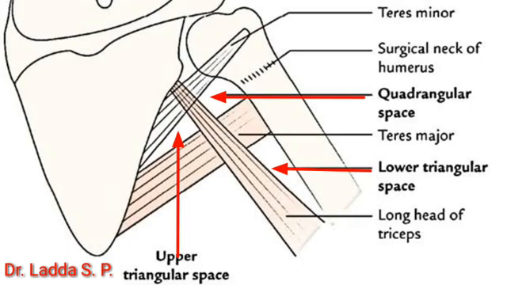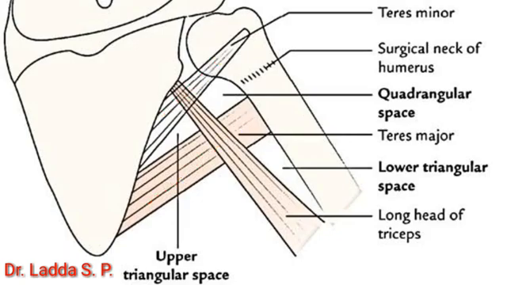Before proceeding, it is wise to know the direction of the muscles so that it becomes simple to find and study the spaces of the scapular region. If you look carefully, there are two muscles running in a horizontal direction.